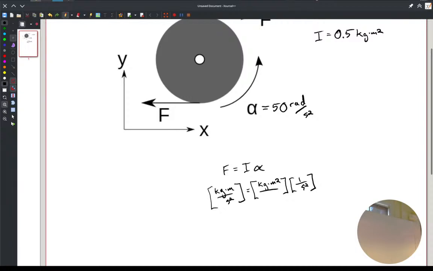Torque instead of force. F times, yeah, some kind of distance, right? F times R. Is it FR? So just R times F. That'll give us the right units, right? R times F, like that.